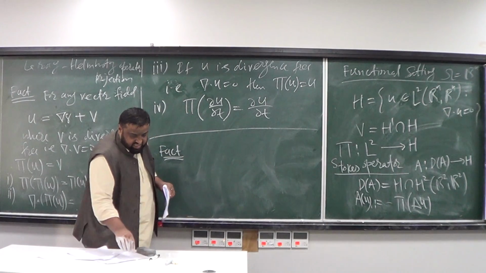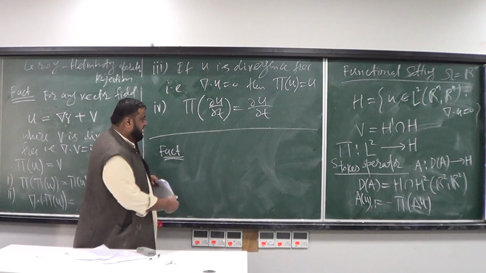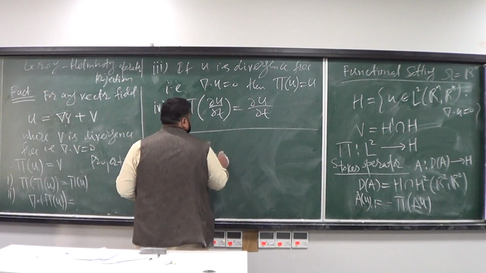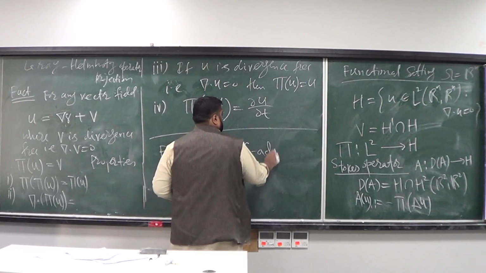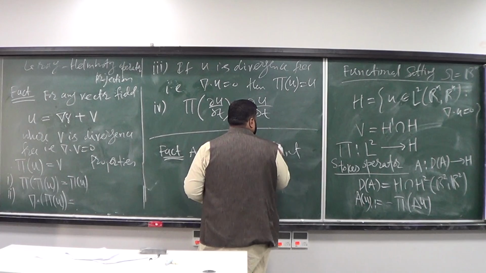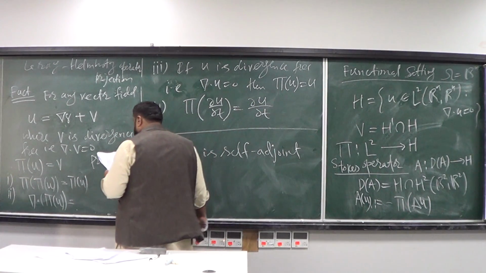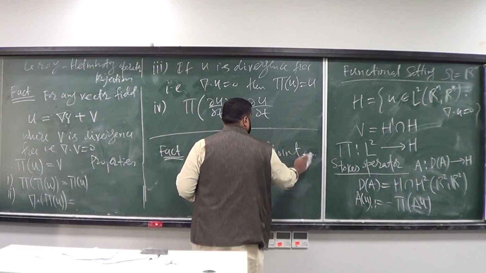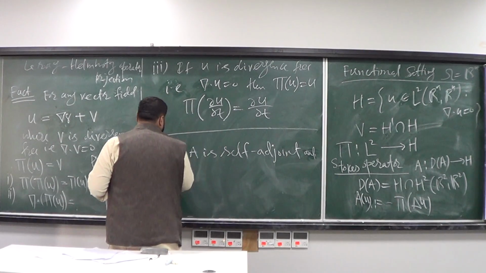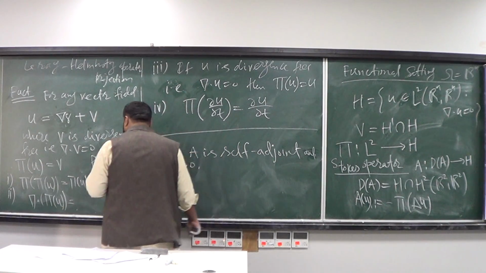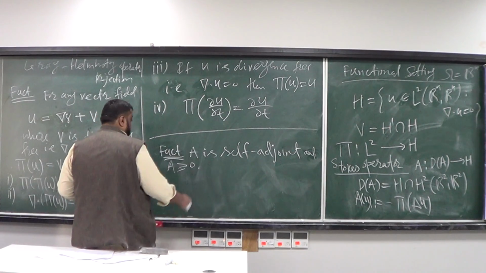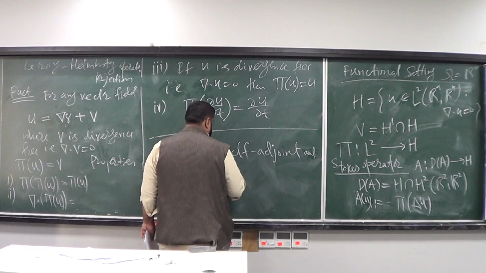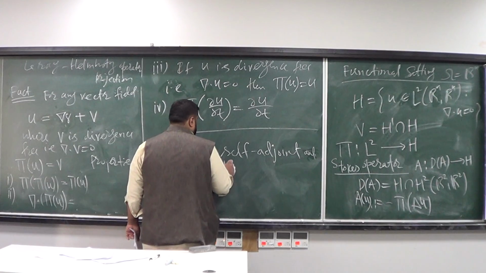One can prove that this operator A is self-adjoint, so that I can apply my theory of self-adjoint operators. And A is non-negative in H. So this is one thing.